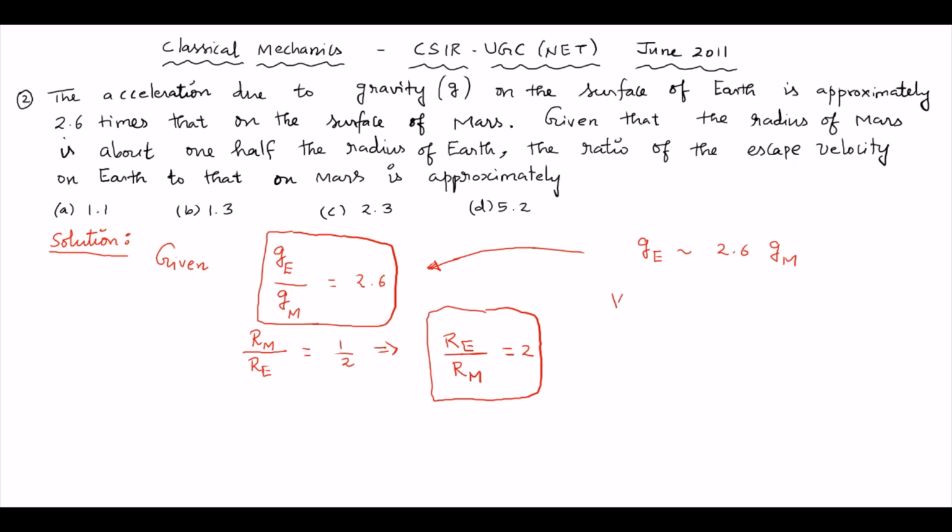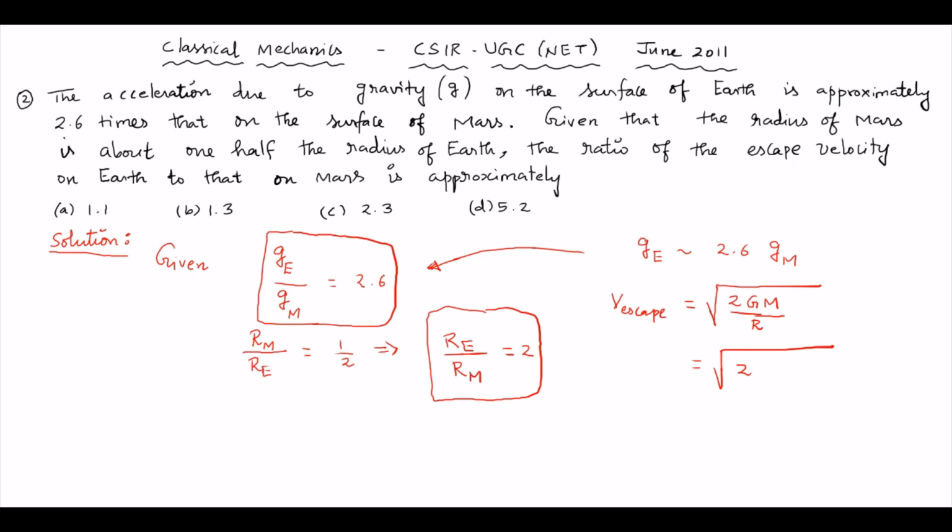V escape, which is a well known formula, is equal to the square root of 2GM by R, where G is the universal gravitational constant, M is the mass of the planet, and R is the radius of the planet.